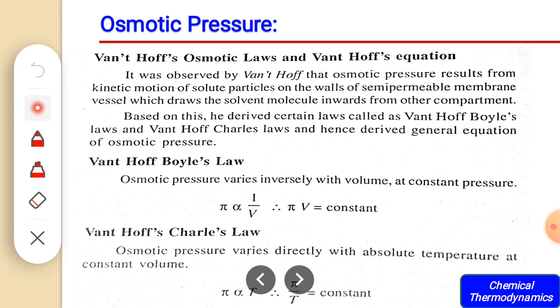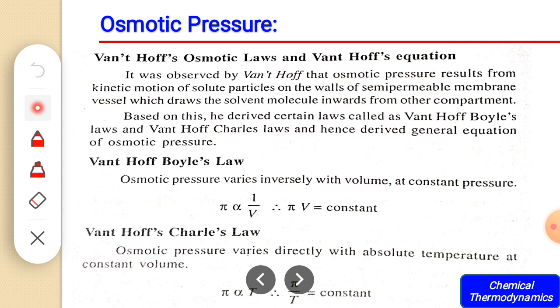In order to derive the equation for osmotic pressure, there are two laws given by Van't Hoff. Actually, he observed that the osmotic pressure results from the kinetic motion of solute particles on the walls of the semi-permeable membrane, and based on this he gave two laws.